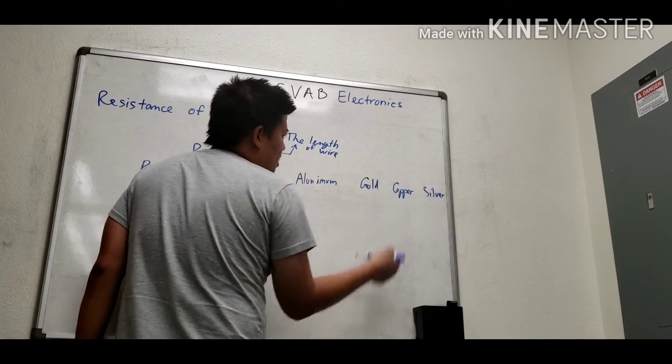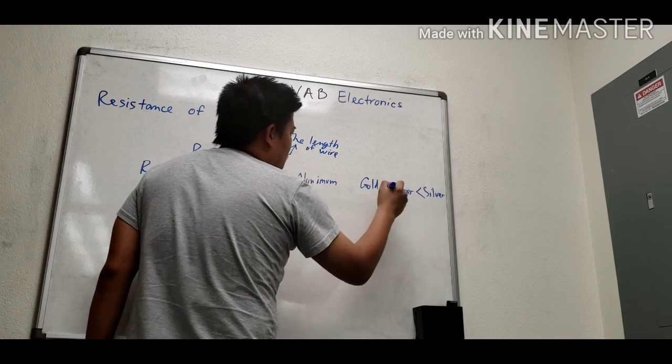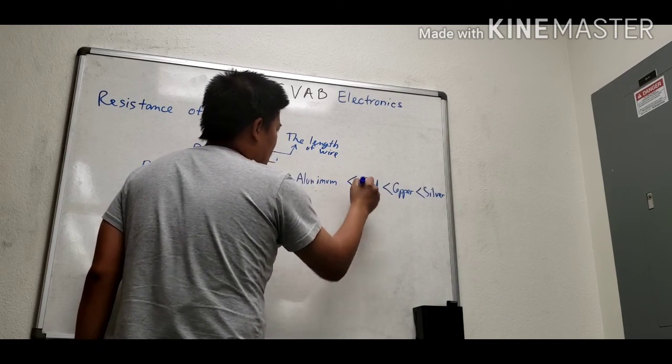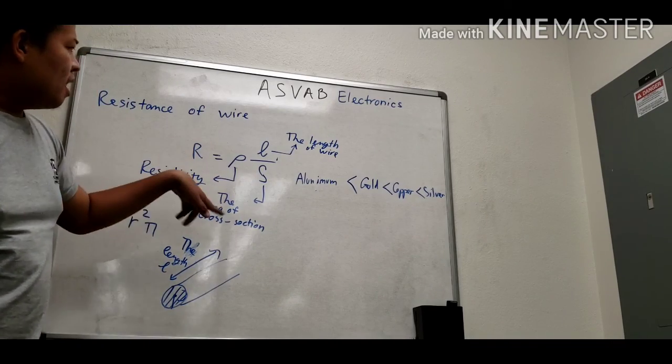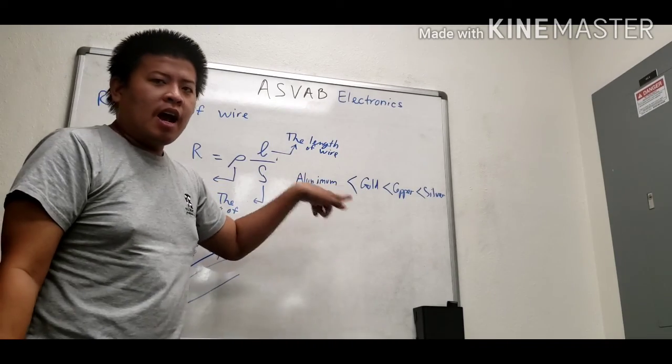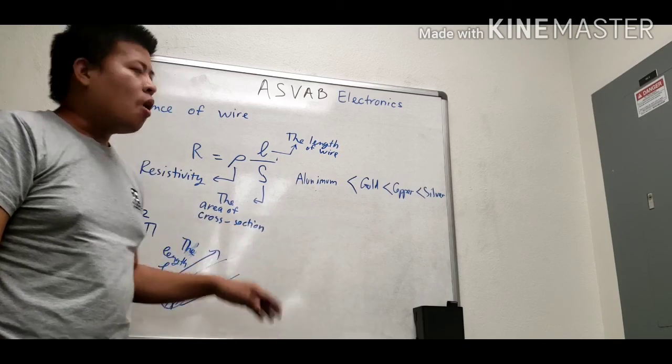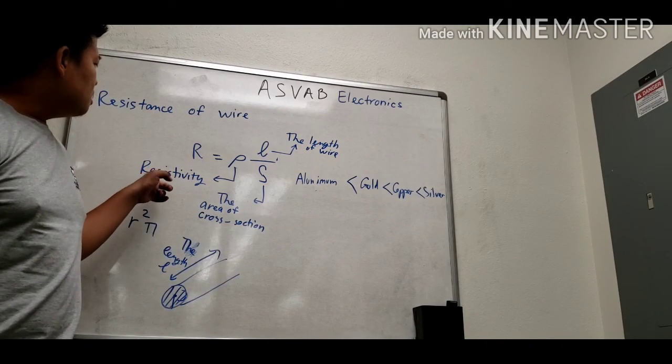So silver is higher than copper, higher than gold, and higher than aluminum. Because silver has the highest conductivity, it means the lowest resistivity.